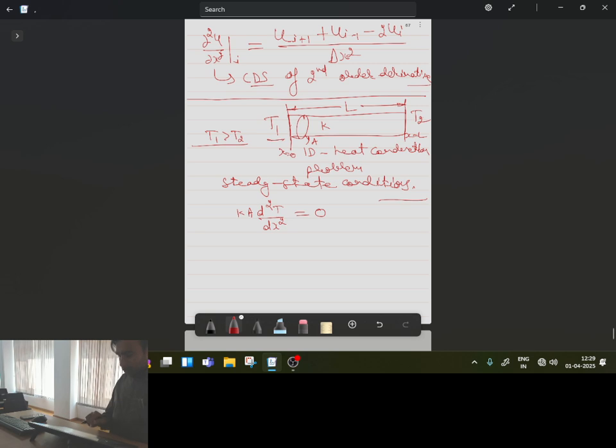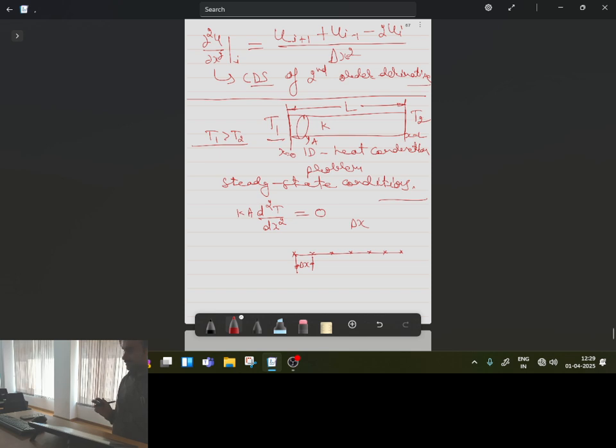Now what I need to do? This governing equation I have to numerically solve, and I have only a one dimensional problem. So for a one dimensional problem I need to define one dimensional line elements. Say these are my node points, where delta x is the size and we have uniform spacing delta x between all the node points.